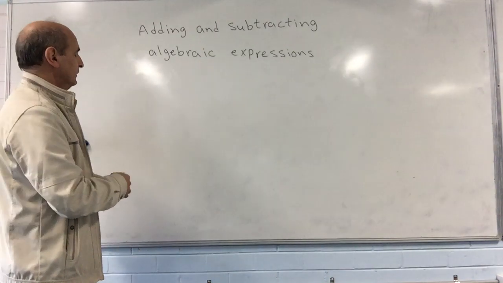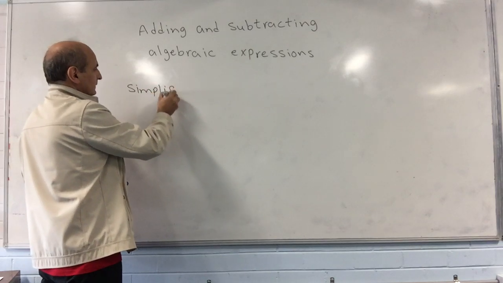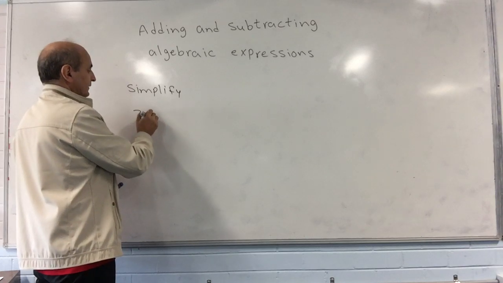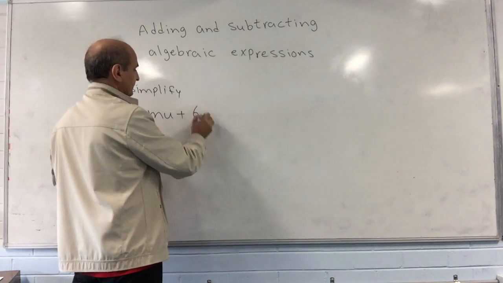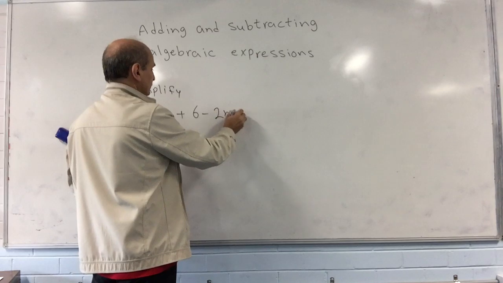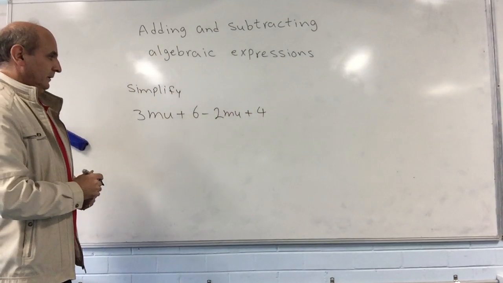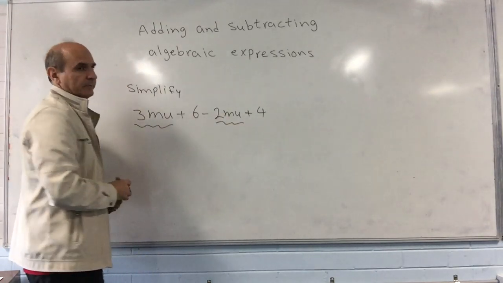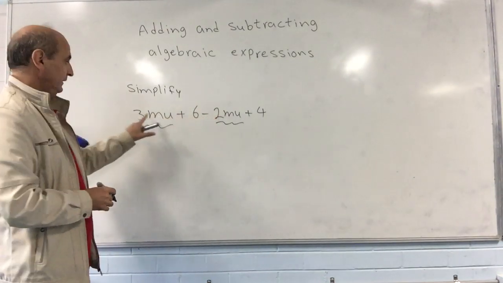As another example, if they tell us to simplify 3mu plus 6 minus 2mu plus 4. Here we have two like terms, both of them mu. 3 minus 2.